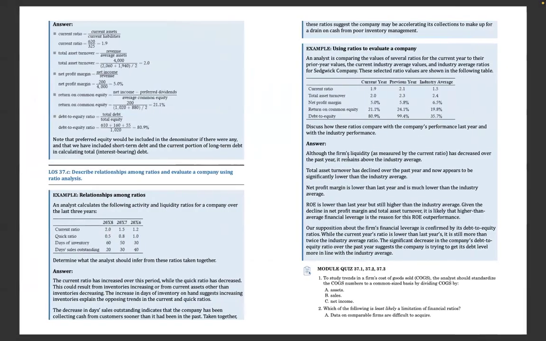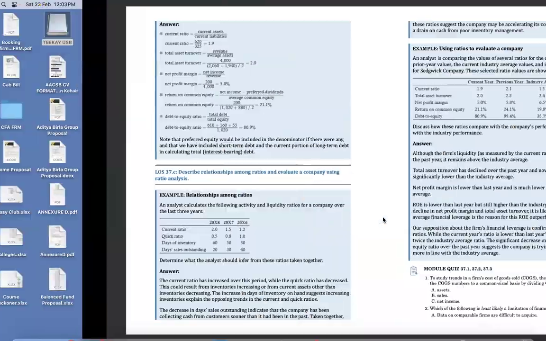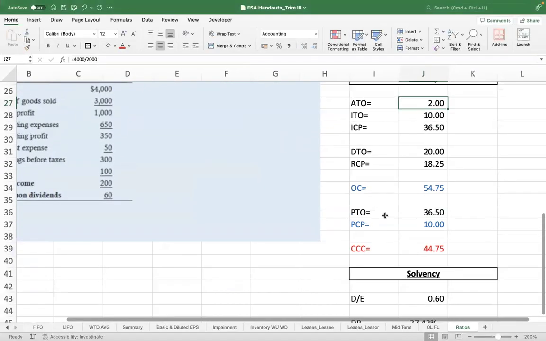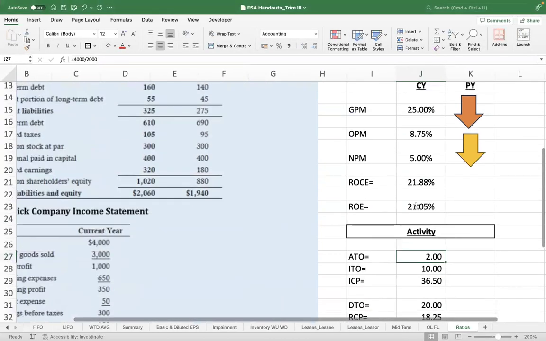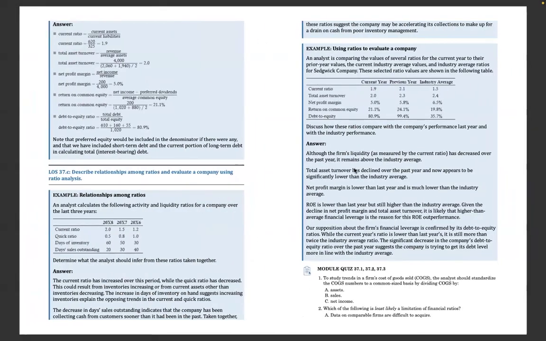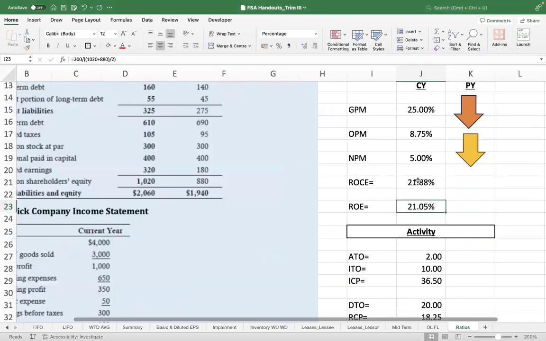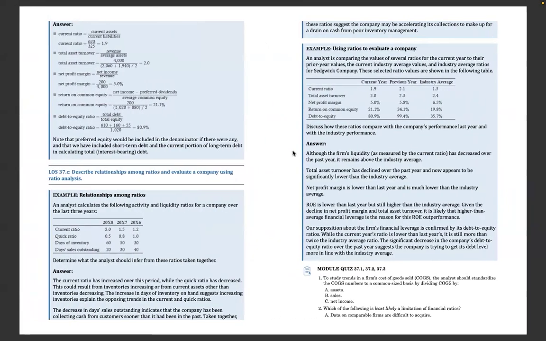Going back to the solution, return on equity, they have mentioned 21.1, which is, I think, what we had got also. That is correct. Debt to equity ratio.